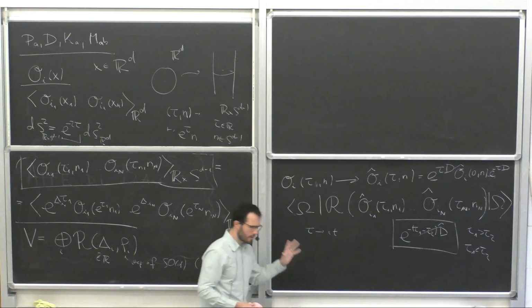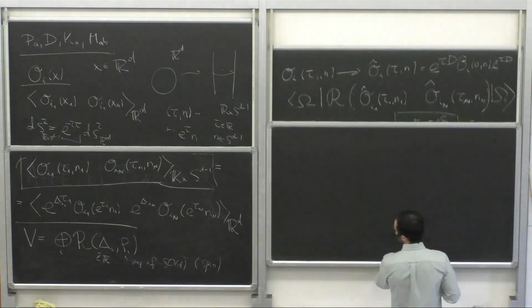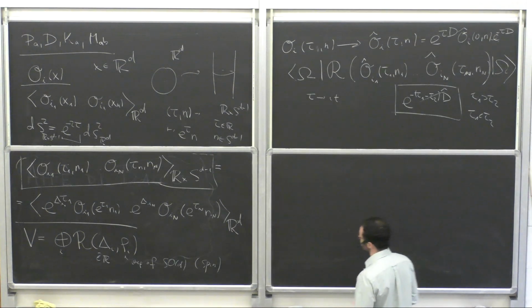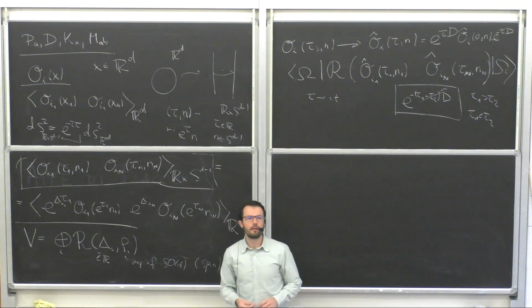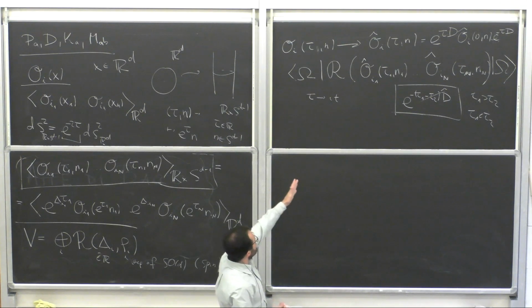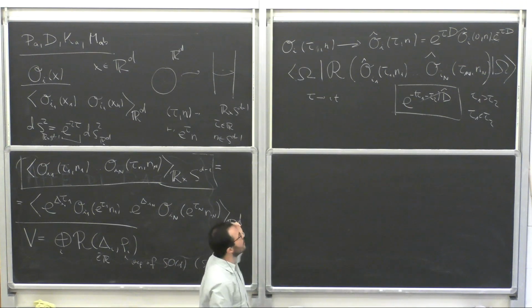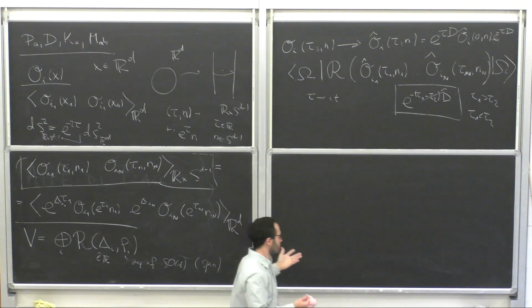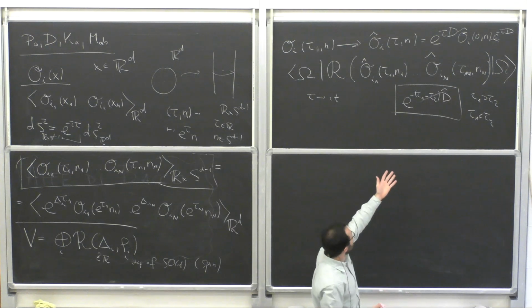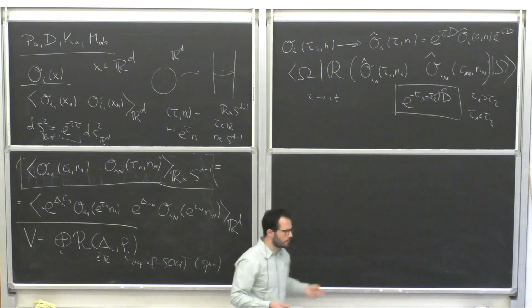But in Euclidean signature, you cannot. Okay, so here, these are the coordinates on the cylinder. It's the same operator. D hat is the quantum operator, which is the cylinder Hamiltonian.